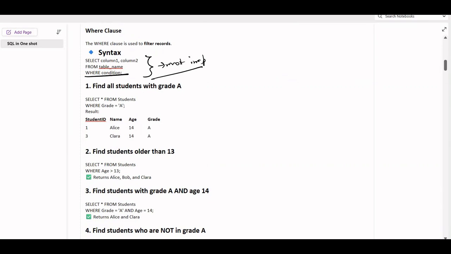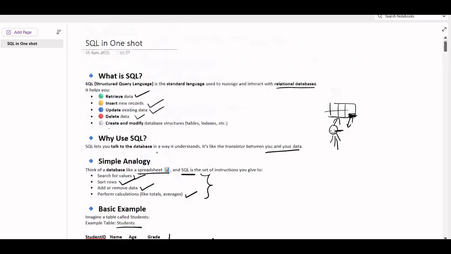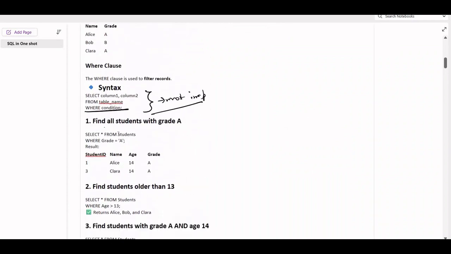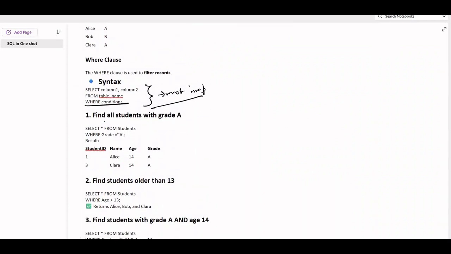Especially in SQL. So the first question is: find all the students with a grade A. By seeing the table only you can say which students. We have to find the student names with a grade A, right? The students with grade A are Alice and Clara. So you have to give SELECT star FROM students.